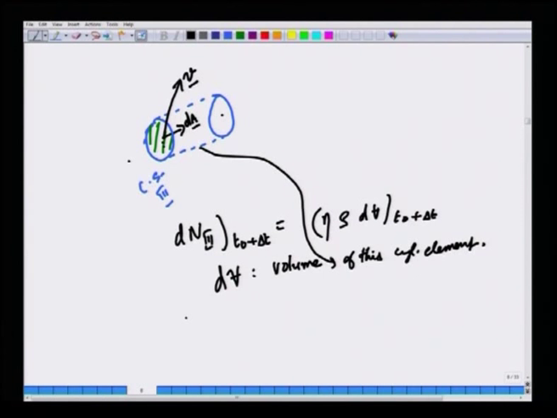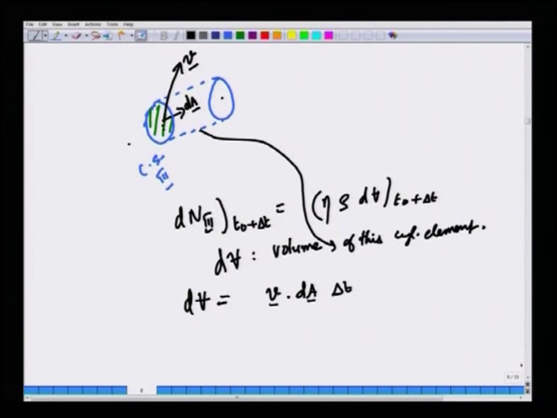So, what is dV? dV is nothing but V dot dA times delta t, because we are looking at a time delta t. So, it must be proportional to delta t, and also proportional to V dot dA. It is V dot dA times delta t that gives the volume traversed by this surface as it left the control volume and reached the new surface at a later time.